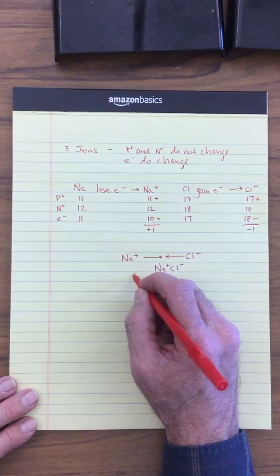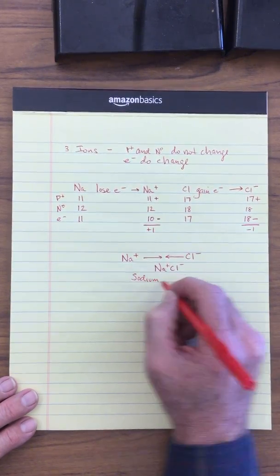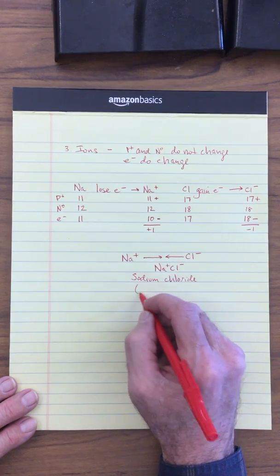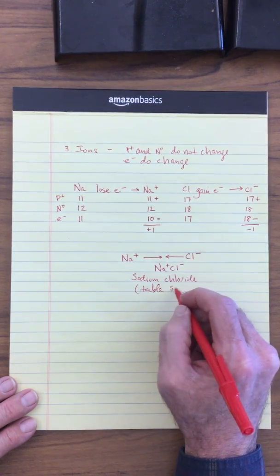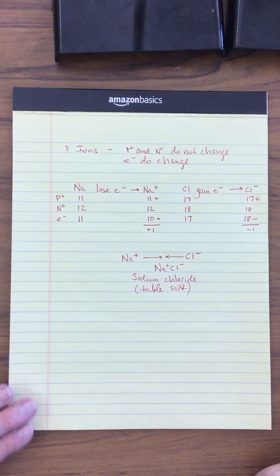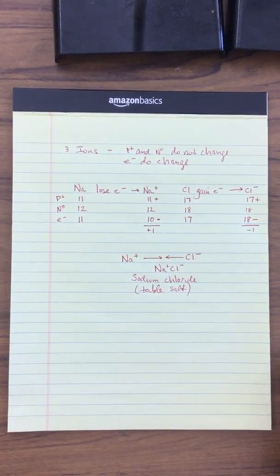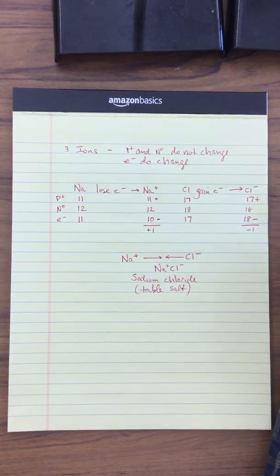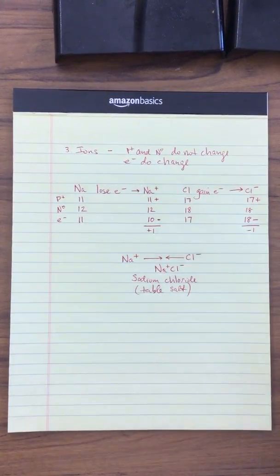They create the compound called sodium chloride, and sodium chloride is commonly called table salt. So that was a look at isotopes and ions. Isotopes can change their neutrons. Ions is when the electrons change.